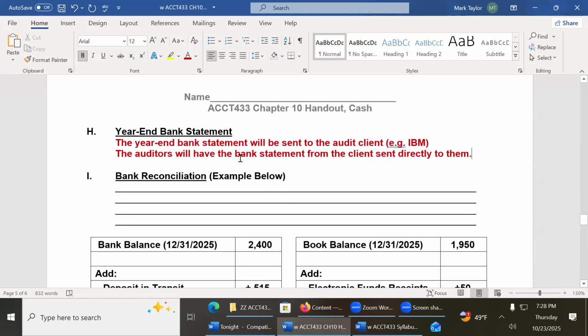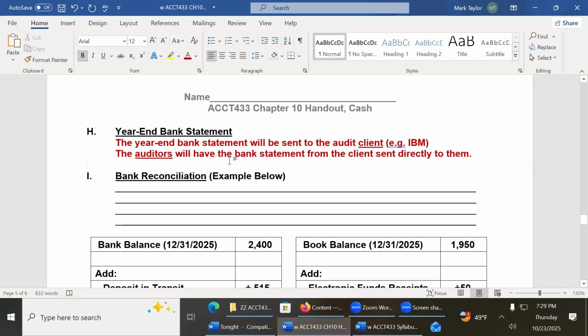So this is a very common practice. At the year end, the company, obviously, whoever you're auditing, they will get their bank statements. But the auditors will also have the bank statement sent directly to them. It's a standard form they fill out at the bank that says, by the way, send our bank statement to the auditors directly.